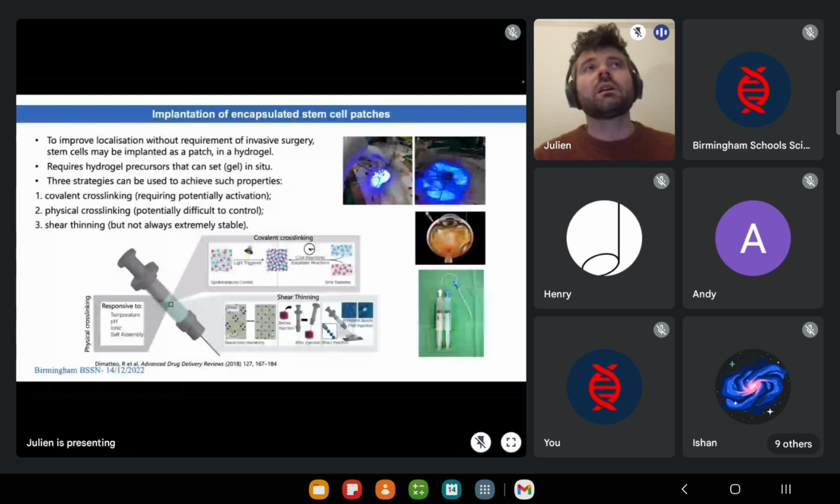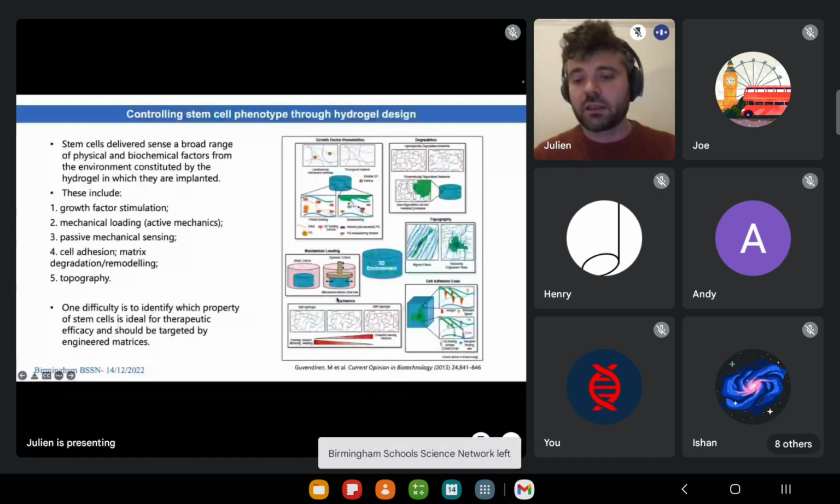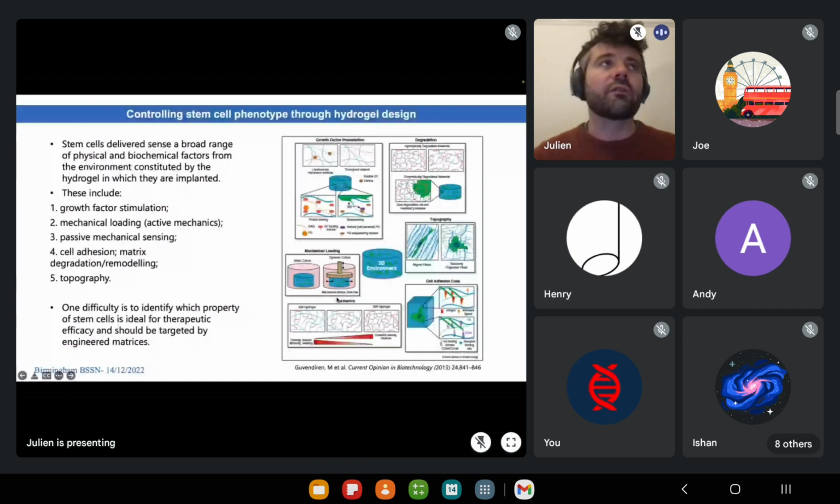And this can be engineered through the engineering of the matrix, and in particular often hydrogels that are going to be delivered in this way. This might involve the mechanical properties of the matrix, how stiff or soft this matrix is, the topography, whether we have fibers, whether it's more of a continuous, whether it is porous matrix, and so on.